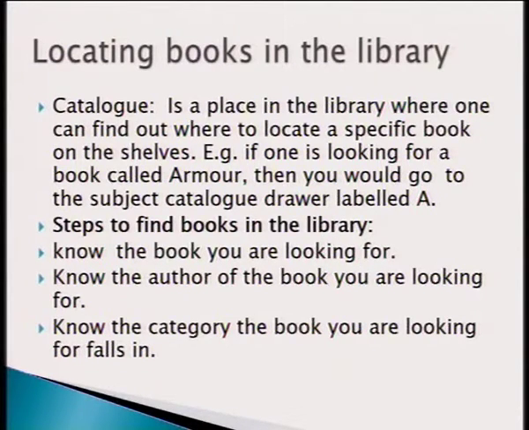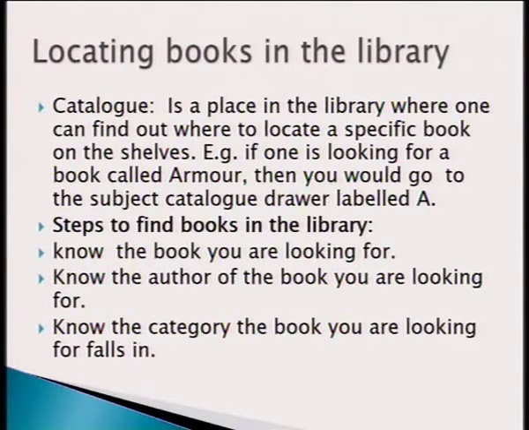Say, for instance, you are looking for a book called Amour. You must go to the subject catalog drawer labeled Amour. So we use catalogs in the library if we want to look for a specific book.